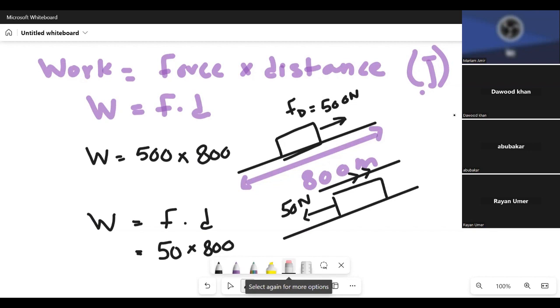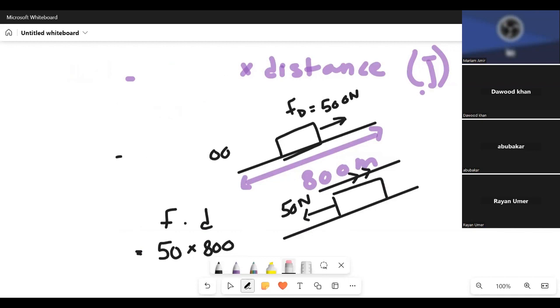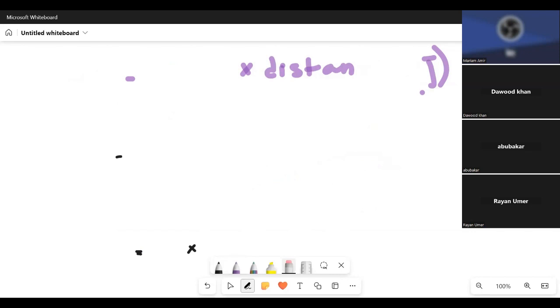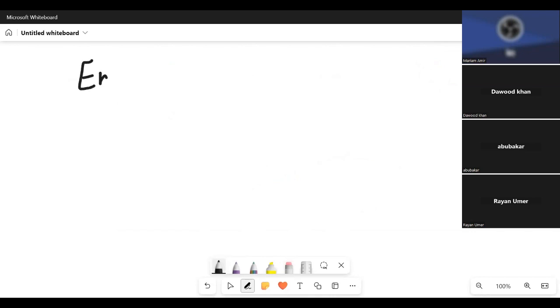Next is energy. Let's discuss what we need to know about energy. So we have kinetic energy and potential energy.